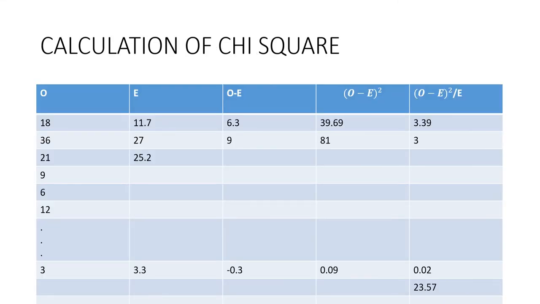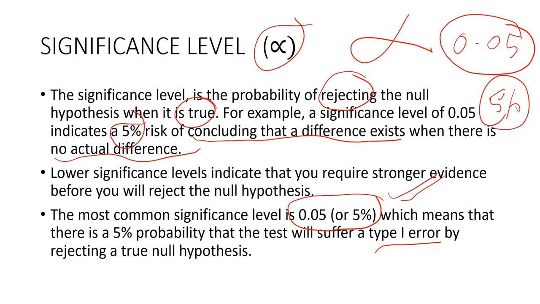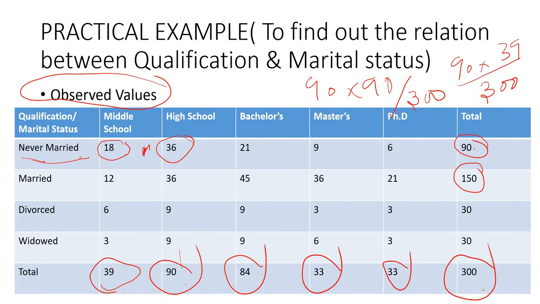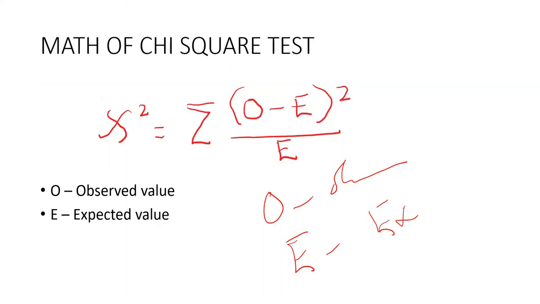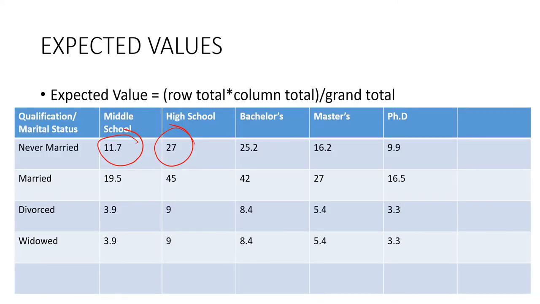Fine. Now the calculation of chi-square. Again, we need the observed value and expected value for all the data in the first table. See here, in the first table you have 18. This is our observed value. For 18, the corresponding expected value is 11.7, which we calculated.